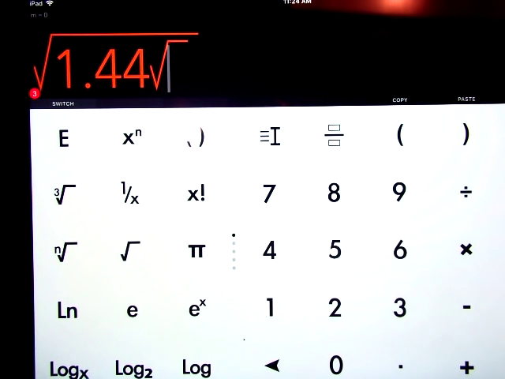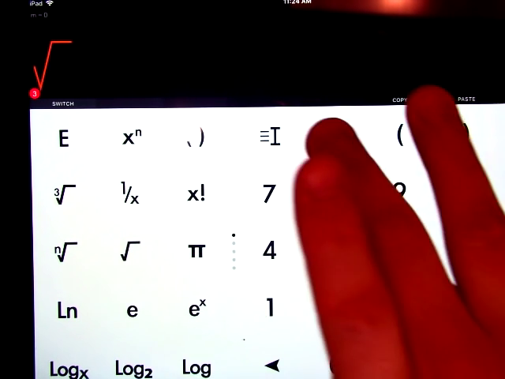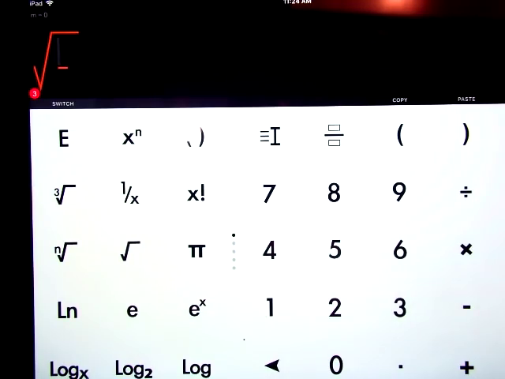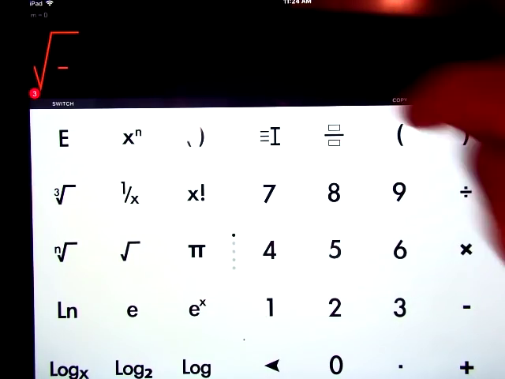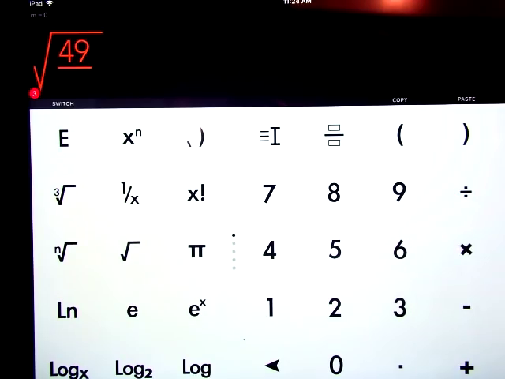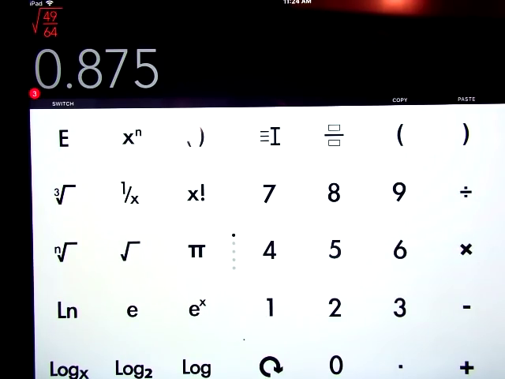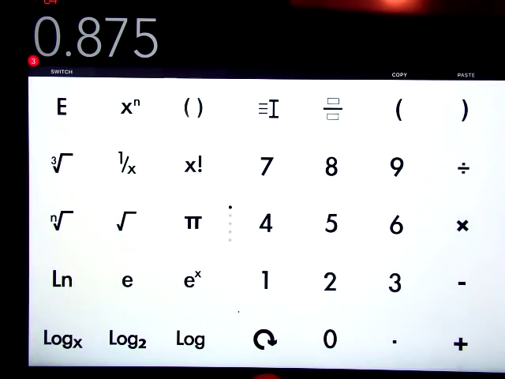As far as a fraction goes, we can put a fraction inside. Fraction button is this one right here. 49 and 64. And we would get 0.875. Remember, this button down here, this one right here on the bottom, that can change it to a fraction.